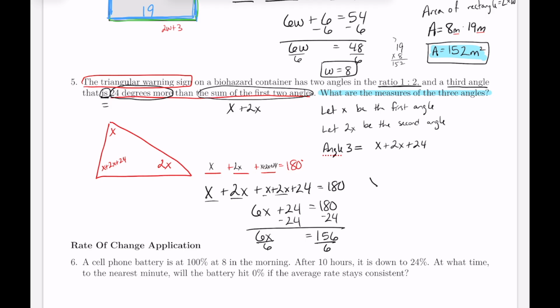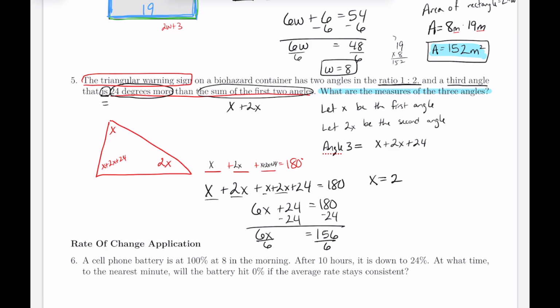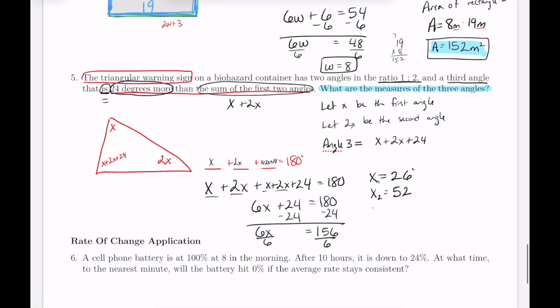And that's how I'm going to get my first angle measure, which is going to be, let's see, if you take 156 divided by 6, that's going to be 26 degrees. The second angle, which I can just write like that, is going to be 2x, or double that. So 26 times 2 is 52. And then the third angle, I could find it a couple different ways.